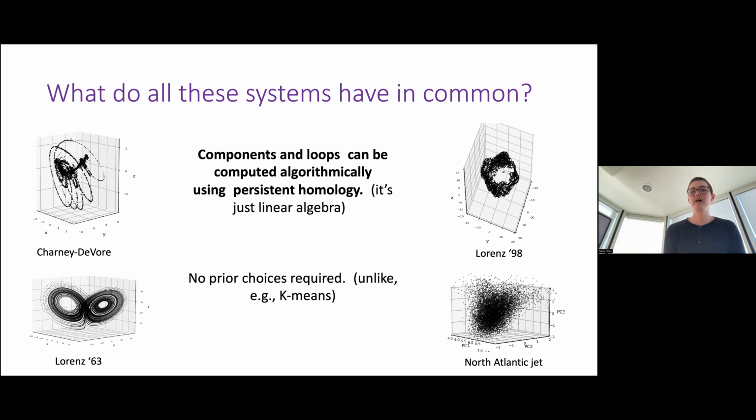And so, we can compute these components and loops using persistent homology. What is good about this is we have to make many fewer choices at the pre-processing steps, for example, how many clusters and so on.